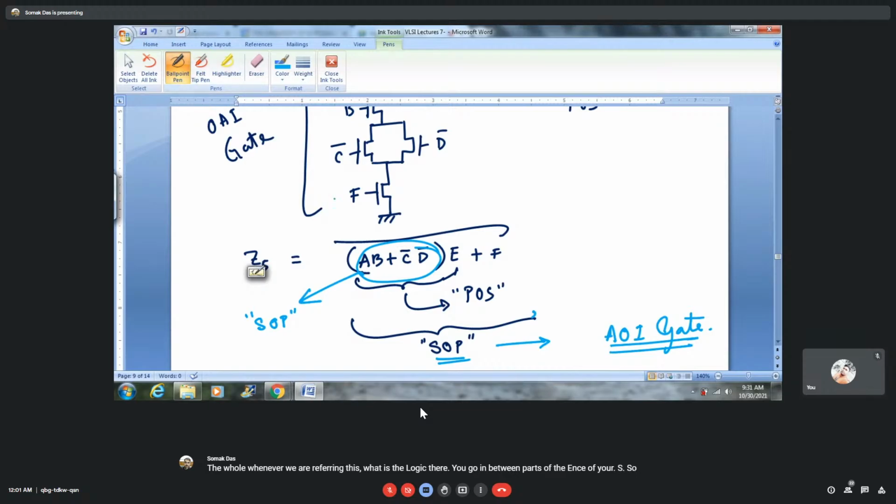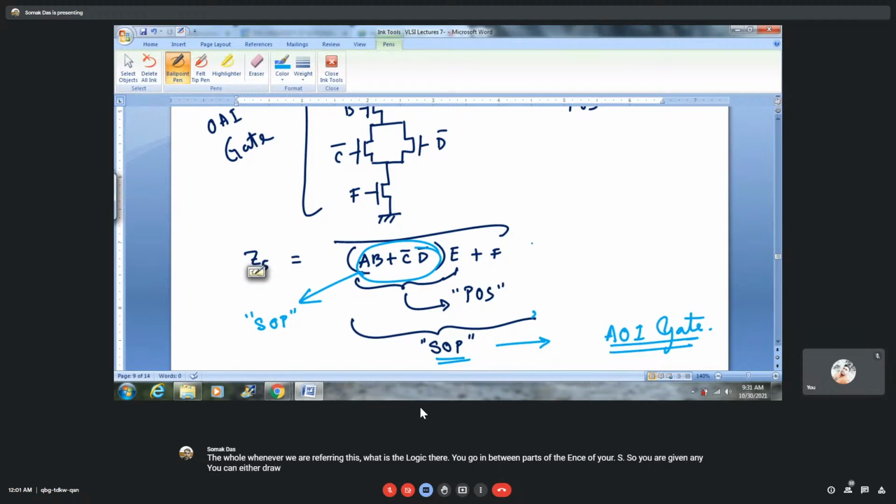So if you are given any Boolean expression, whether or not you draw the circuit, you can directly use your logic to tell what kind of gate it is. Is it clear?